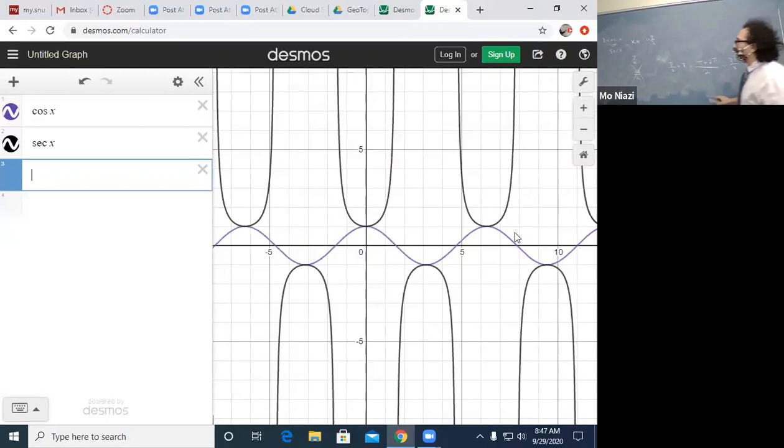Oh, wait, no, not integer multiples of that. It's pi over 2 plus integer multiples of pi, because here we added a pi and we got that other value that it couldn't be.